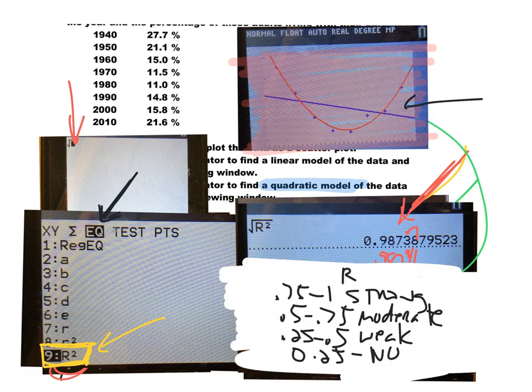Now remember, if your R is between 0.75 and 1, it's considered to have a strong correlation. And here our R value is almost 1. It's 0.9874. So we say that this parabola of best fit has a strong correlation with the data.